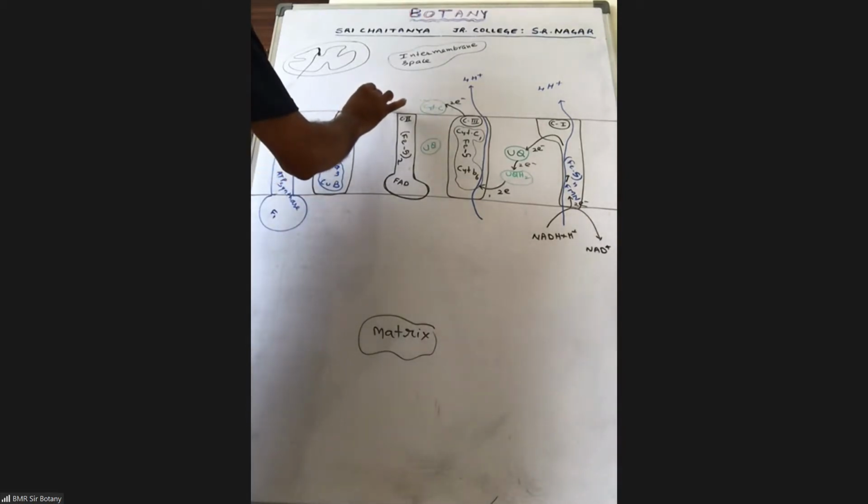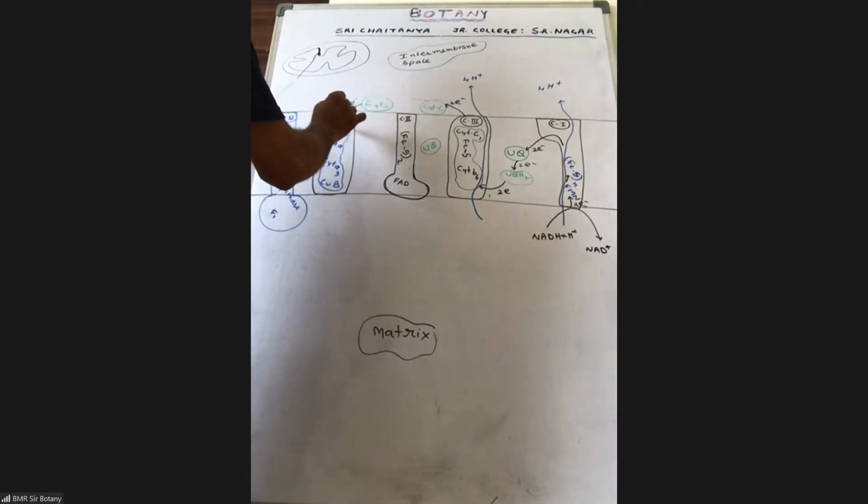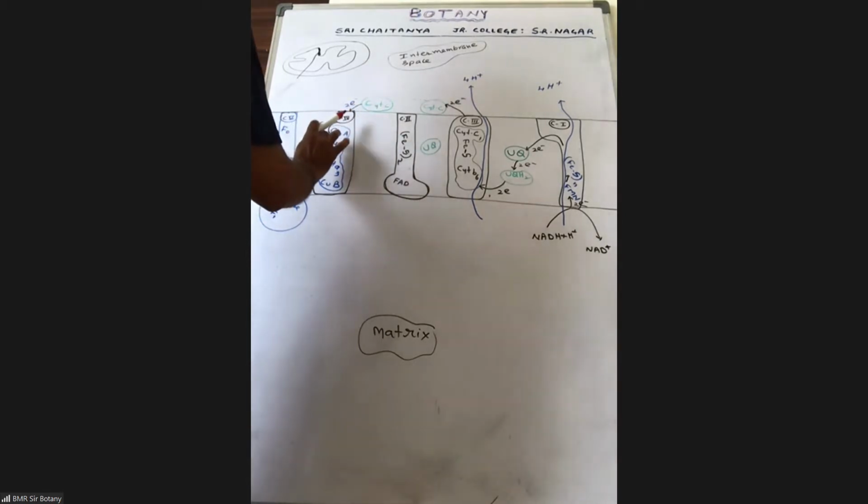So electrons from cytochrome C passed on to complex 4, that too through copper A. Sorry, cytochrome A. Then to cytochrome A3.